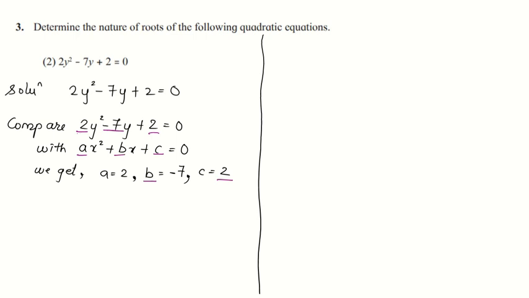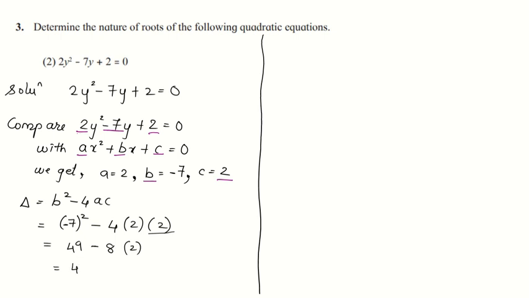As we need to determine the nature of roots of the equation, we will need to find the value of the delta first. So let us find the value of delta, that is delta is equal to b square minus 4ac, which is b is minus 7 square, minus 4 into a is 2 and c is 2, which is equal to minus 7 into minus 7, minus into minus is plus, 7 into 7 is 49, minus 4 into 2 is 8, and this 2 is remaining.